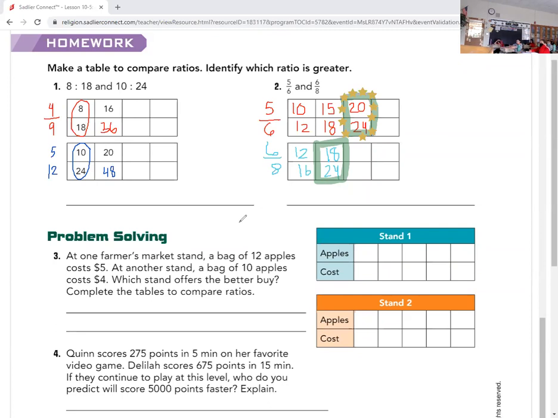I don't. So I do have to find a common place to compare them. Where could I meet between, let's look at our denominators here, a 9 and a 12? Where's the first place that a 9 and a 12 will meet? Think of your factors.